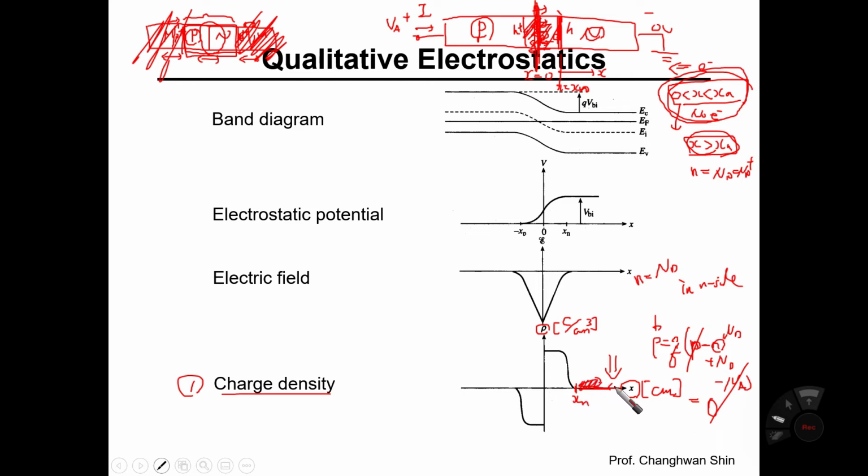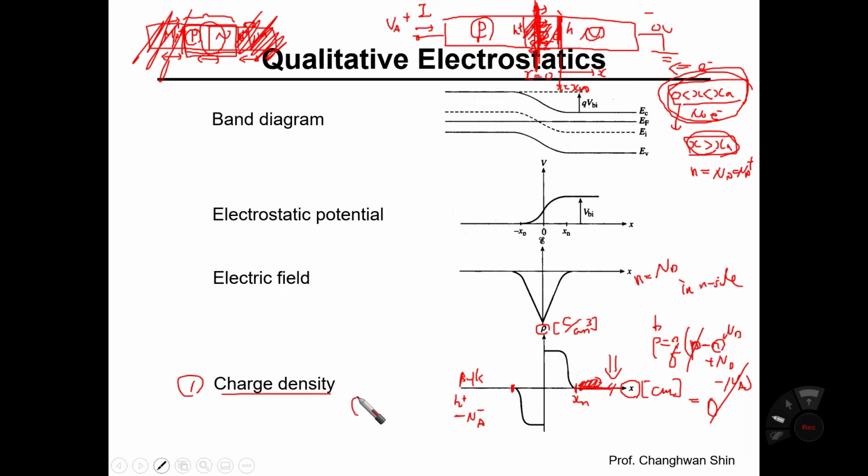The same physics applies to the bulk region of the P side. All the holes are well balanced with negatively ionized acceptors.